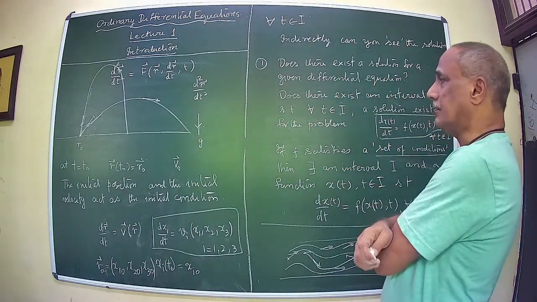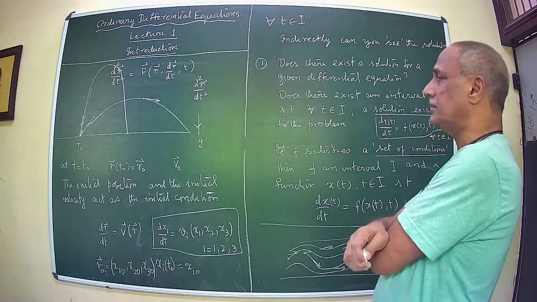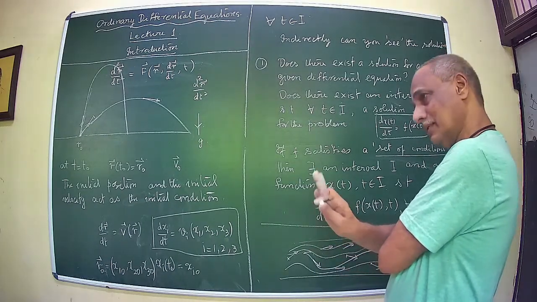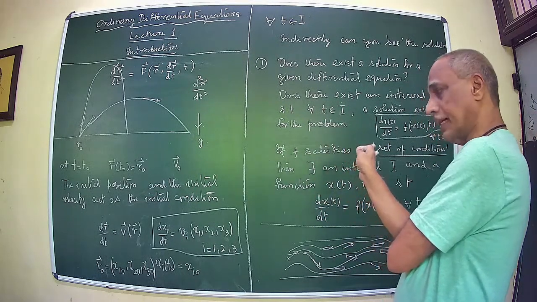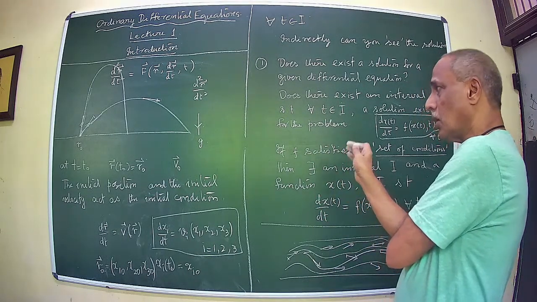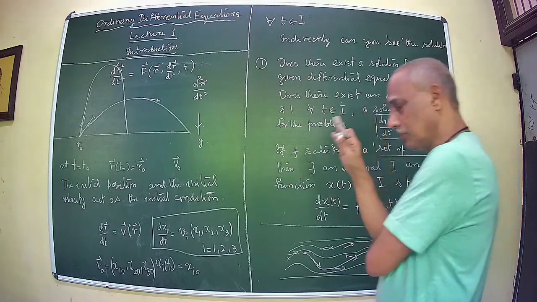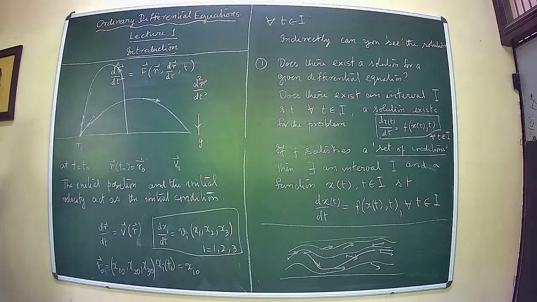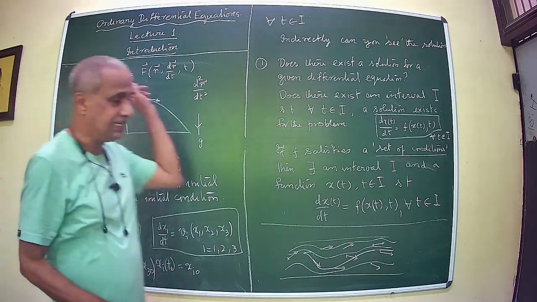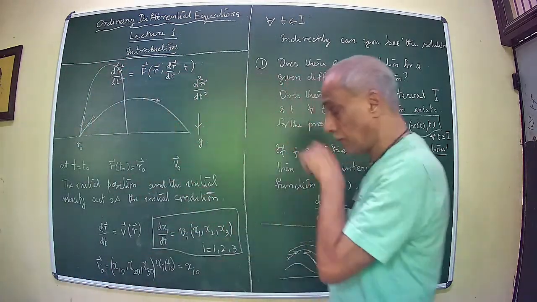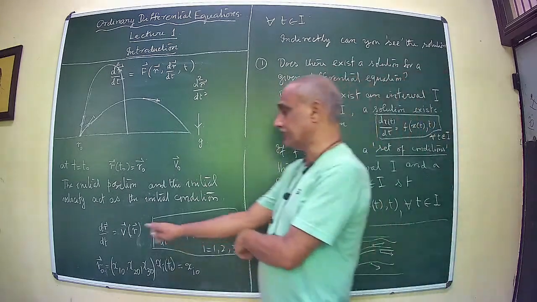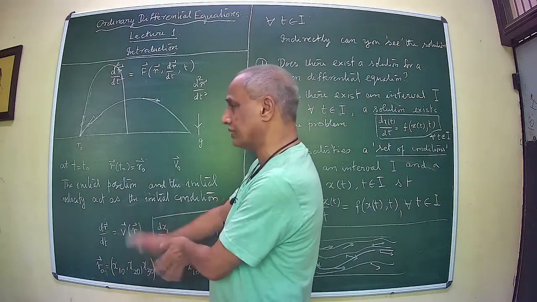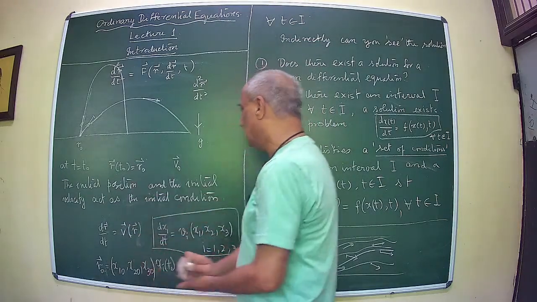You will see that fixing the initial position as well as the initial velocity will give you a unique path. So out of the many solutions that you have, you can isolate solutions by fixing the initial position and initial velocity in this case, whereas in this case just the initial position. So this talks about further conditions to get a uniqueness.